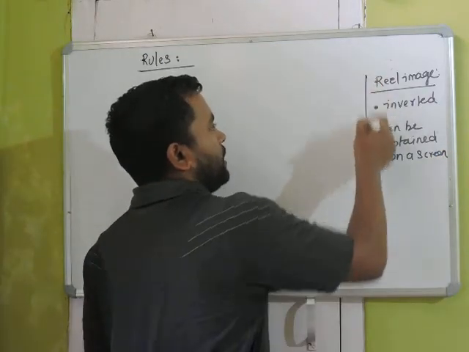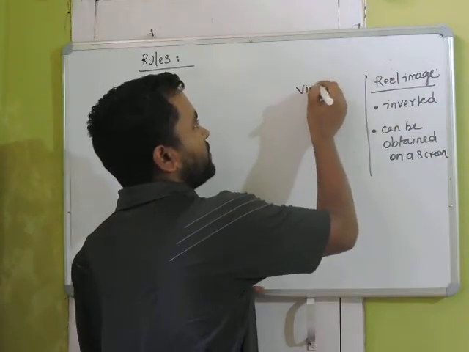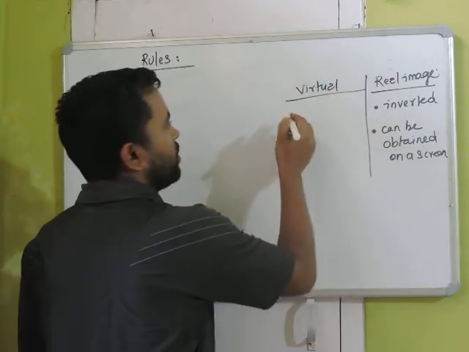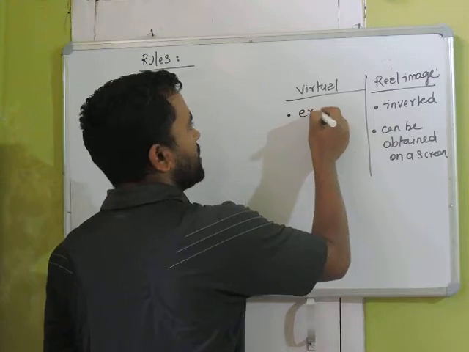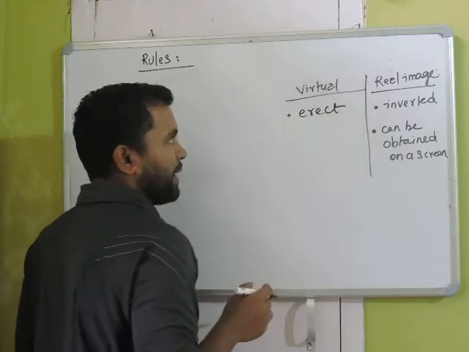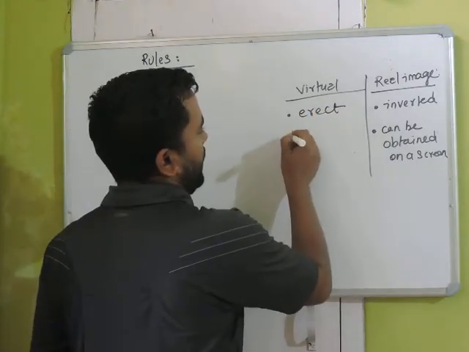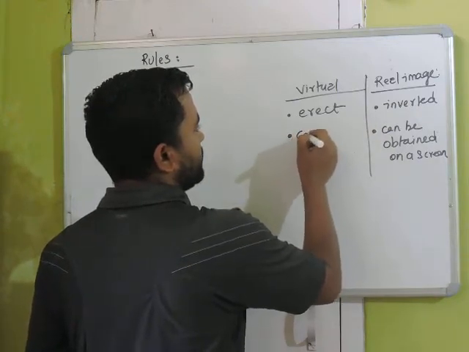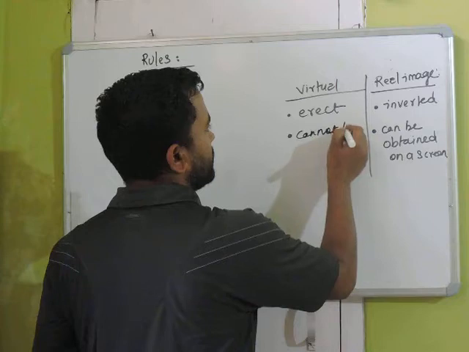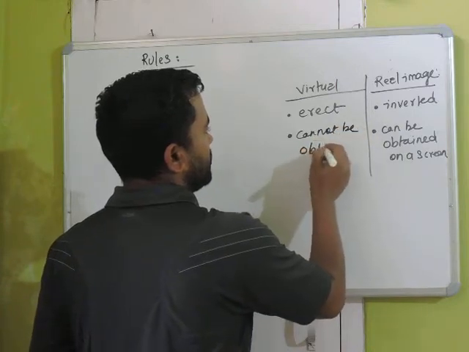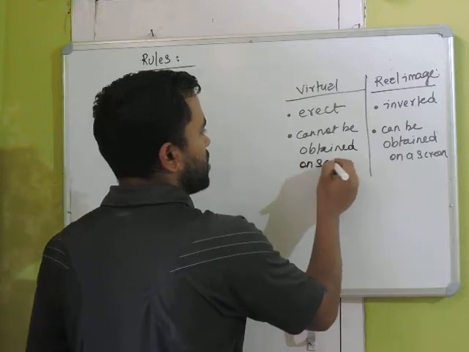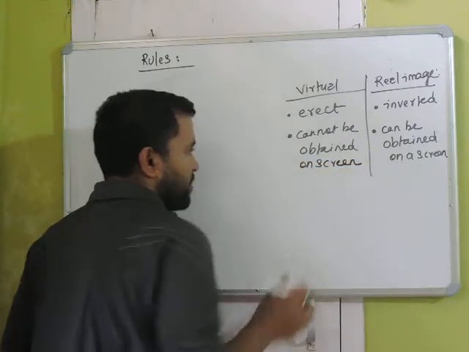And if you talk about a virtual image, then it's just the opposite of this. It is always erect or upright, and it cannot be obtained on a screen. So this is the difference between them.